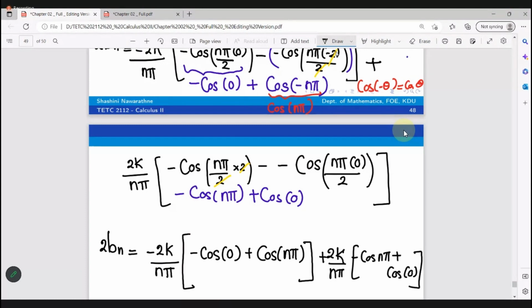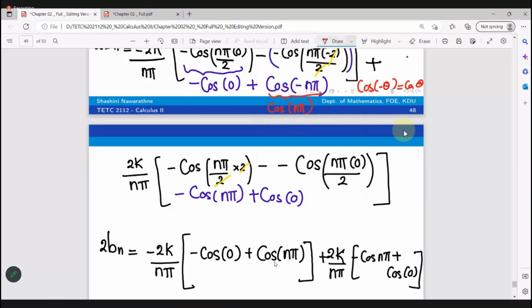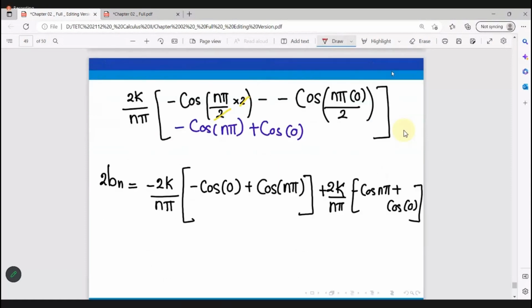Children, the value of cosine 0 is 1. So minus cos 0, this part is equals to minus 1 and this part is equals to 1.